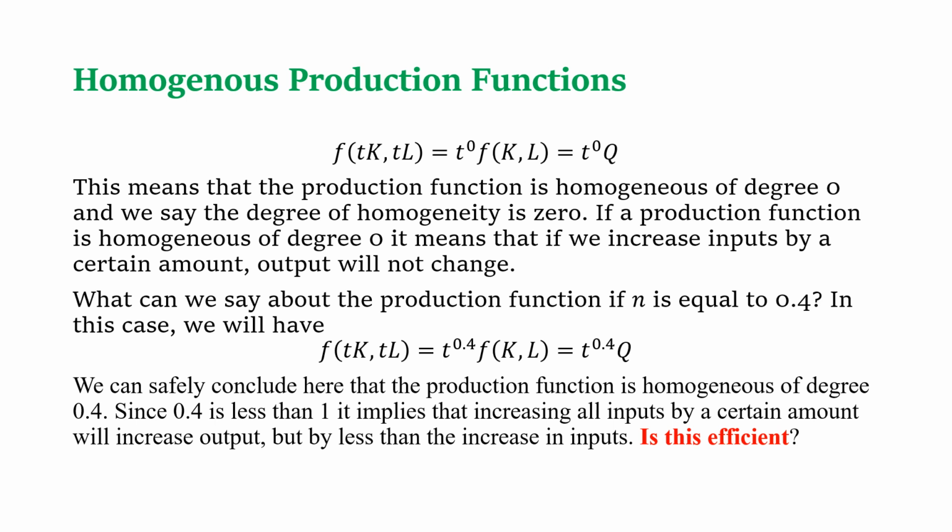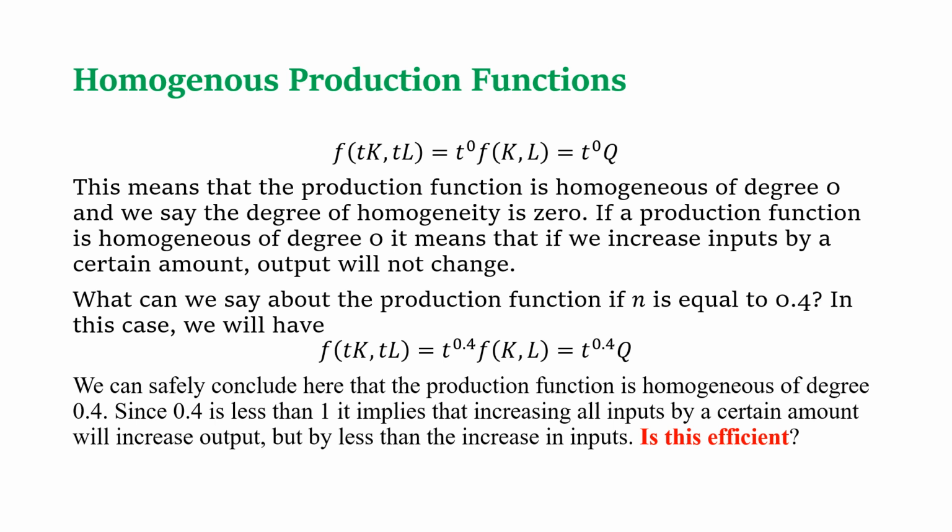If a production function is homogeneous of degree 0, it means that if we increase inputs by a certain amount, output will remain unchanged. Output will not change even if we increase inputs. There will be no change in output, so the production function is homogeneous of degree 0.